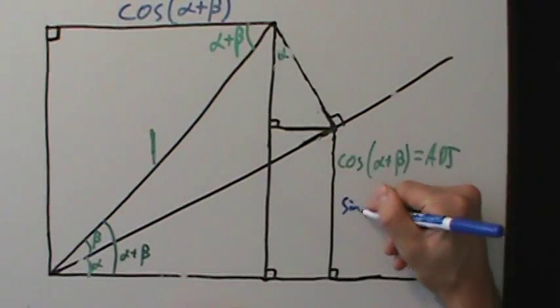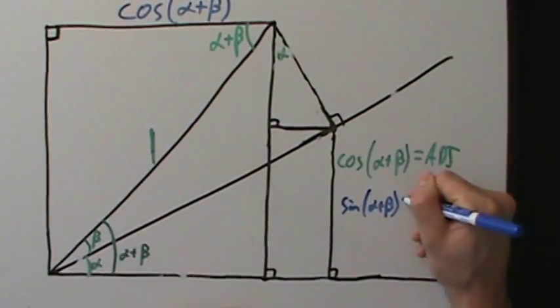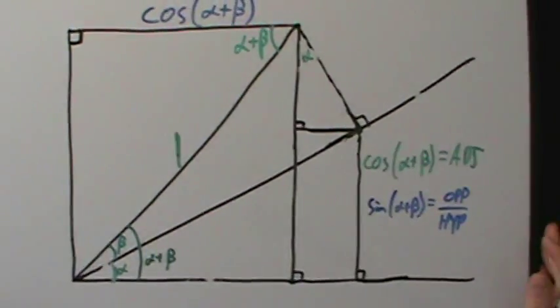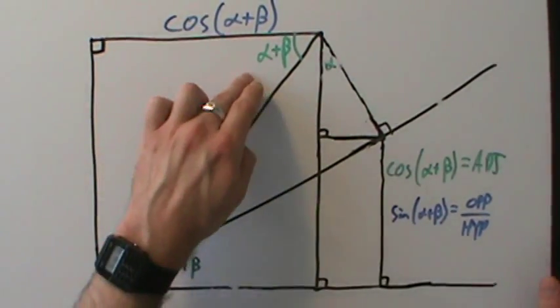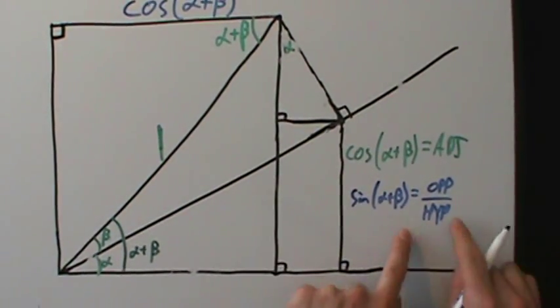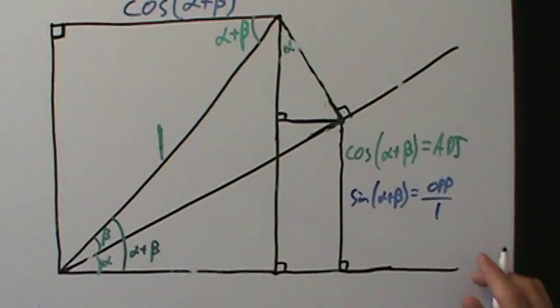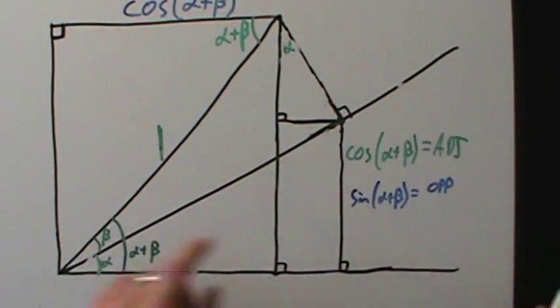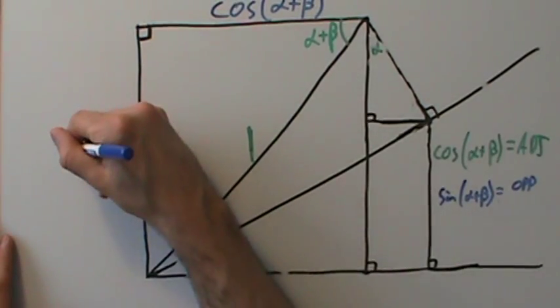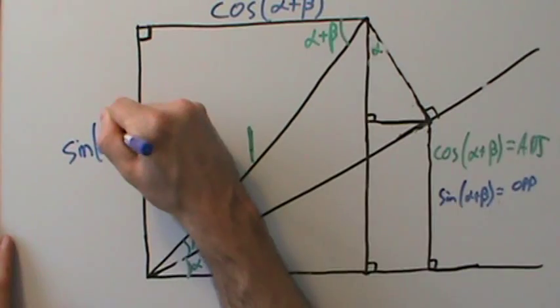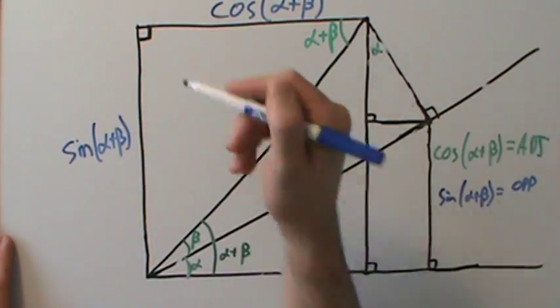Sine of alpha plus beta is opposite over hypotenuse. Here's alpha plus beta, so the sine of alpha plus beta is the opposite side divided by the hypotenuse, but the hypotenuse is just 1. If you divide by 1, you're not really doing anything. So the sine of alpha plus beta is just the opposite side. So this is sine of alpha plus beta, this whole side right here.